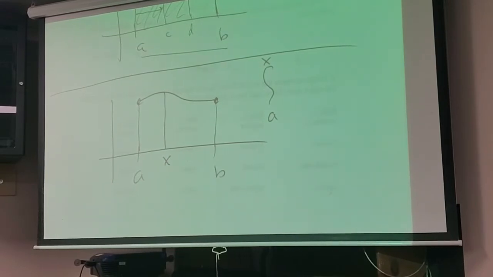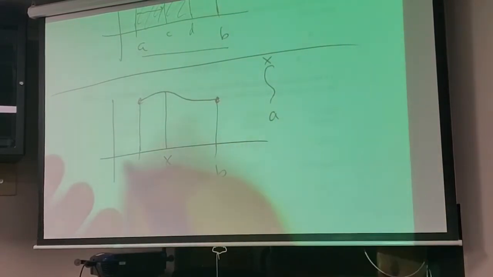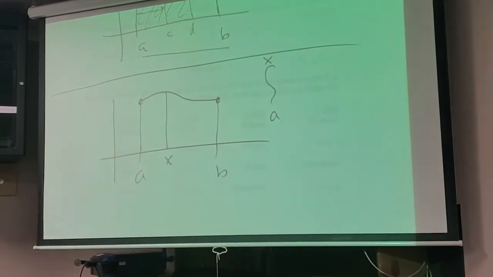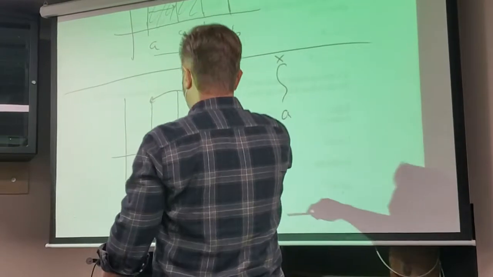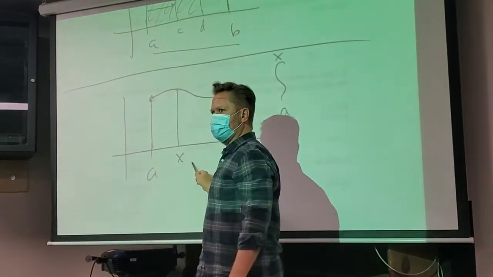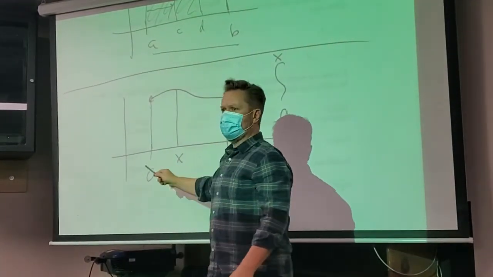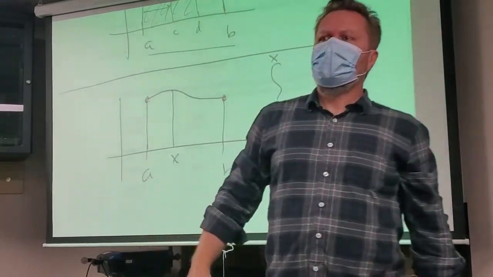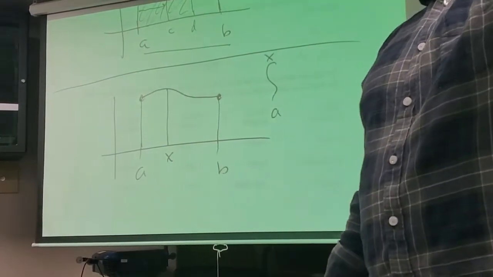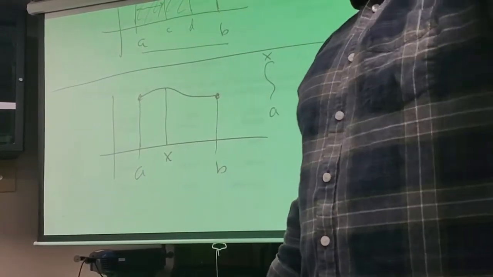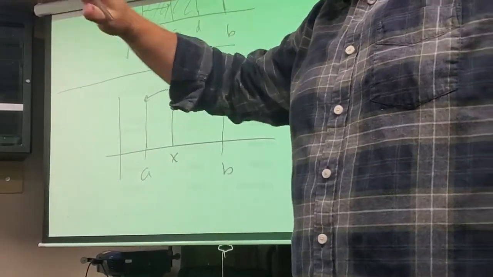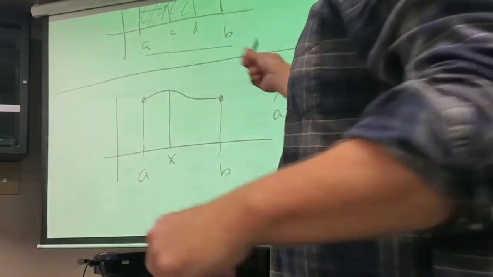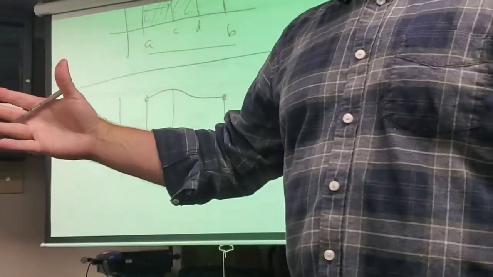But in order to do this, can I call this the x-axis then? Can I call this the x-axis if x is actually its own variable? I don't know if you guys really understand what I'm saying. If x designates a specific spot on that axis, can I call it the x-axis? No, I cannot, because now x means like 7.